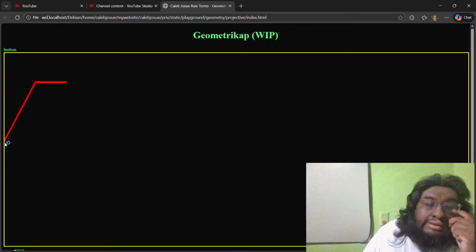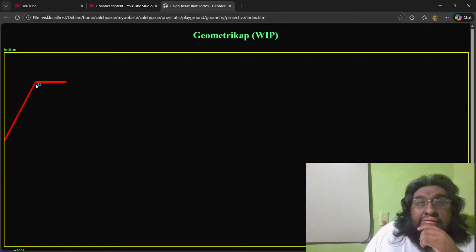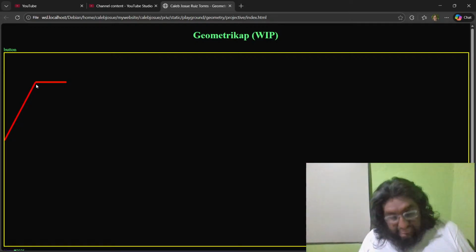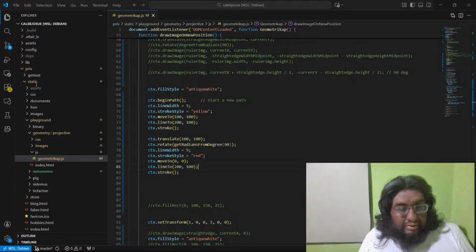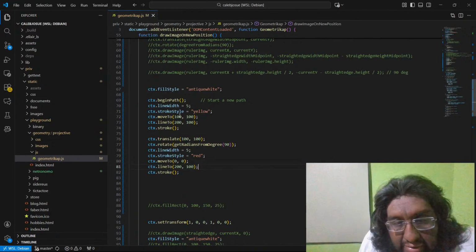Now why is this the 0, 0? So it should be, if it will, look at this 0, 0. So it will be a horizontal line.